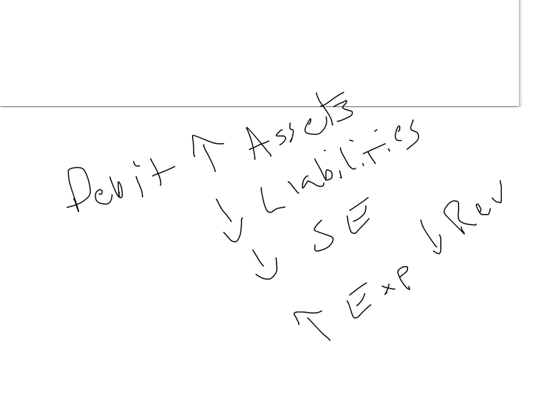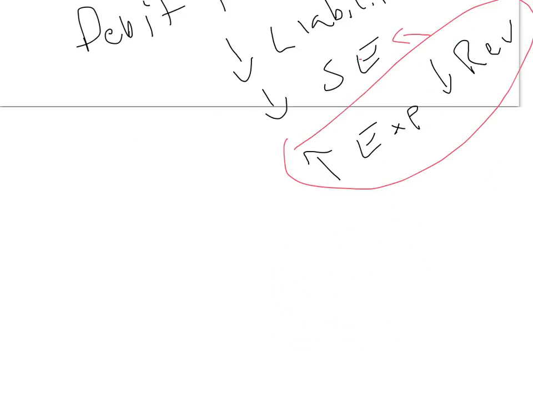So anytime on the debit part of the journal entry there's an asset, that asset's going up. If there's a liability, that liability's going down. If there's an equity account, equity's going down. If it's an expense, expenses are increasing. If it's a revenue, revenues are decreasing. And if you recall, these get rolled into stockholders' equity, so it makes sense. If we're decreasing revenue, we're decreasing stockholders' equity. If we're increasing expenses, we're decreasing stockholders' equity.